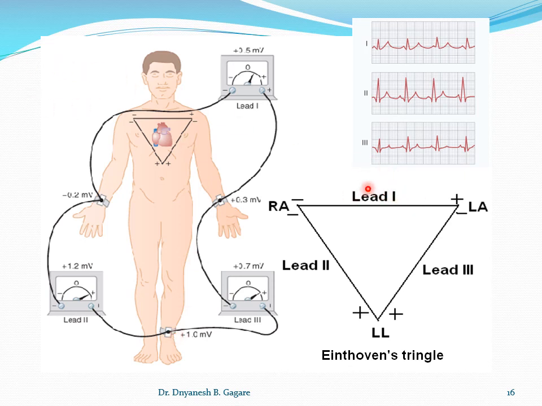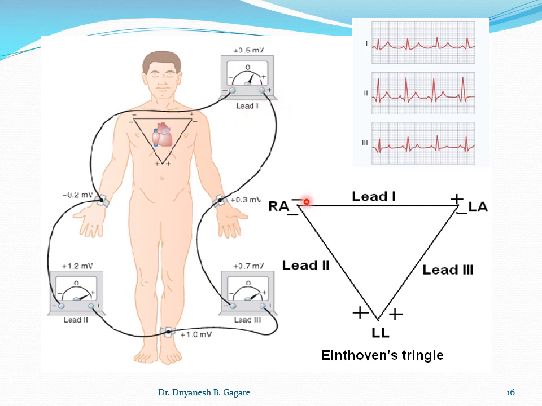See the first lead, lead 1. Suppose you have to record the ECG under lead 1 with this ECG machine. What is the procedure? In the ECG machine two terminals are there, a positive terminal and a negative terminal. Connect the wires.